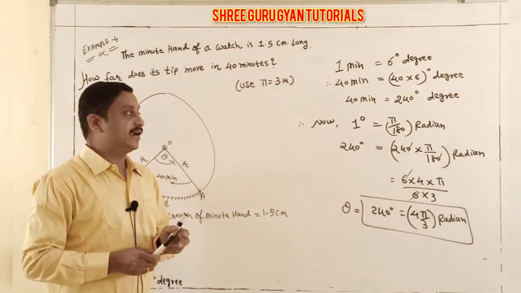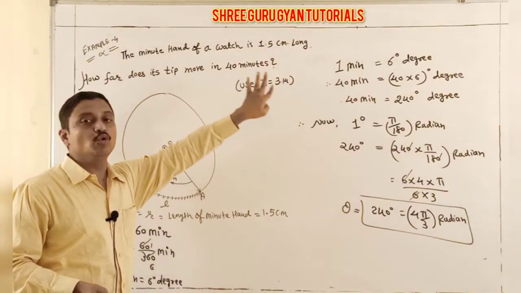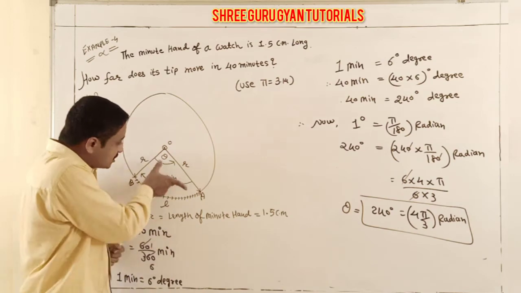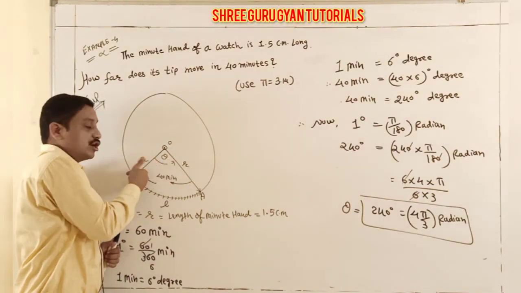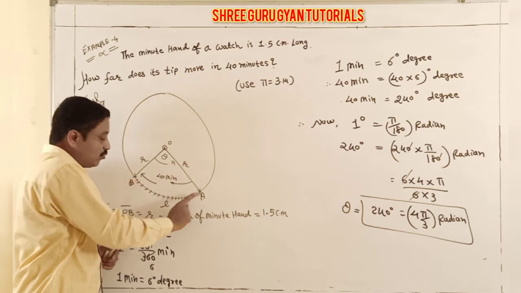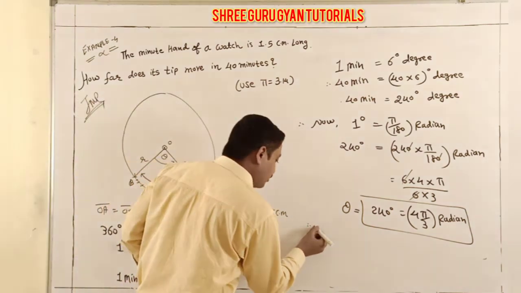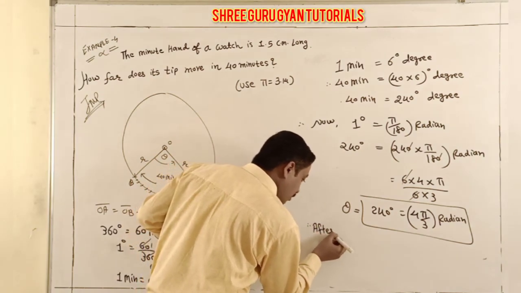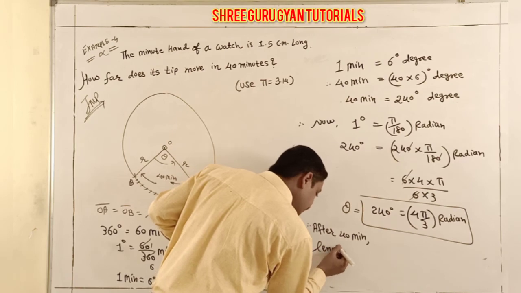Now students, I am ending this question. Check how far it moves in 40 minutes. It means the minute hand starting position up to 40 minutes, and I want this length, the length of the arc.